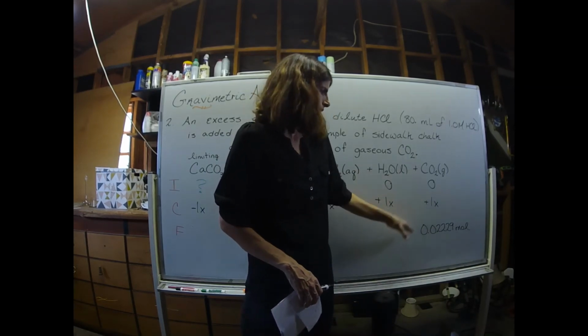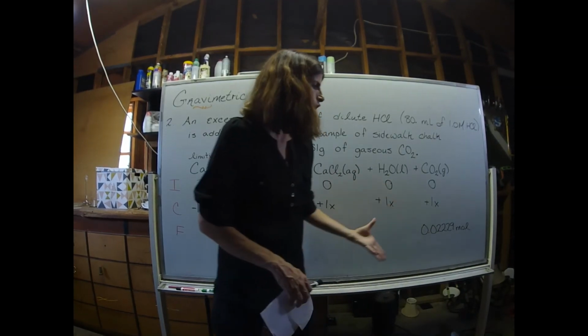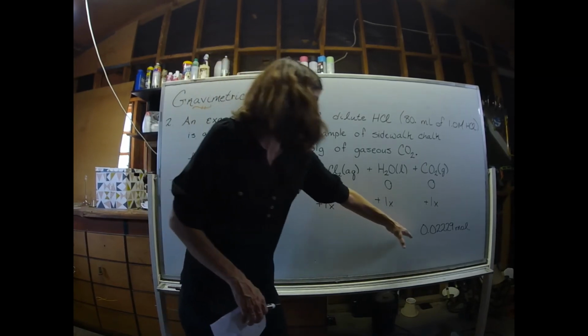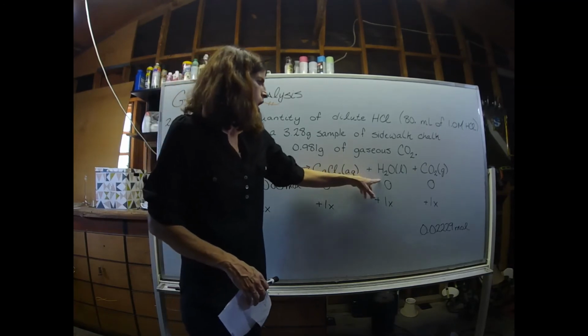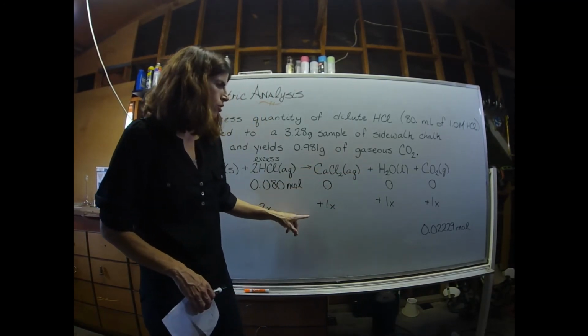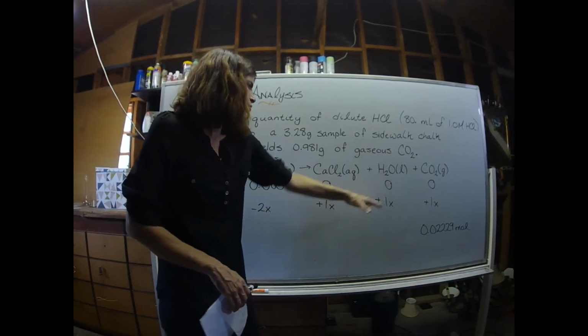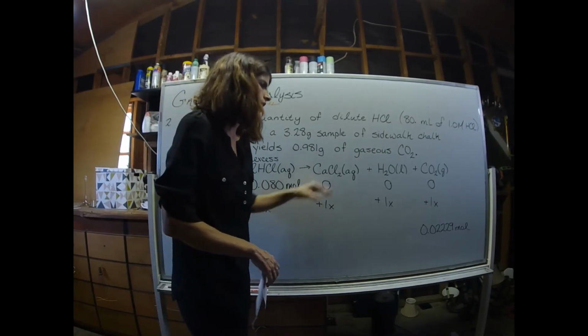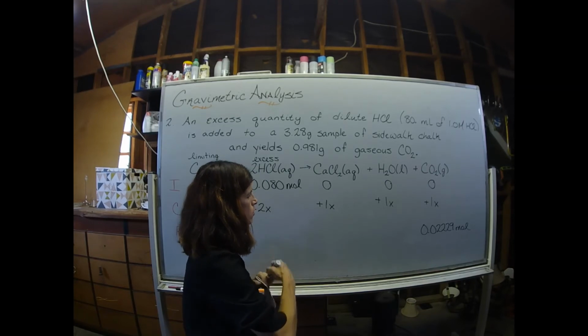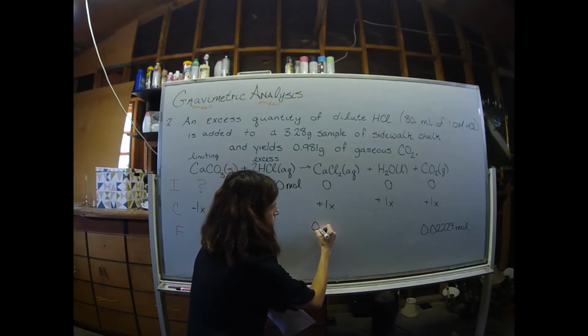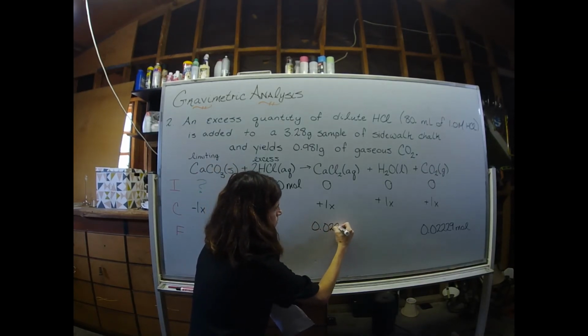So by this column being complete, we know what our x value is. X is equal to 0.02229. Water and calcium chloride all have 1x in their change line, and they all started out with 0. So their F lines are all going to look the same. And we could fill that in.